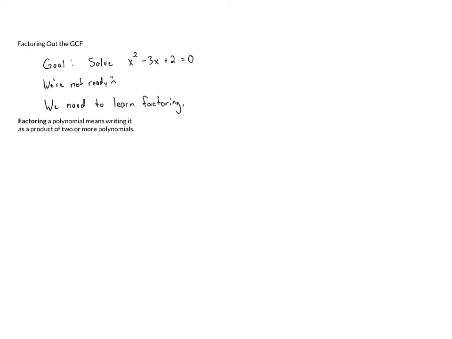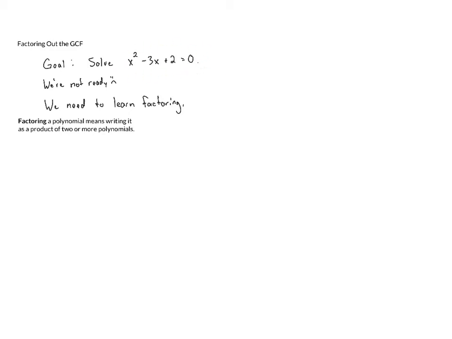Now, we saw that when we were multiplying polynomials, there were several different methods that we used depending on the number of terms in the polynomials. And with factoring, we're going to see something similar. Over the next 5 or 6 lessons, we're going to learn several different methods for factoring, and we're going to get practice, and we're going to look at an overall strategy for factoring, and then eventually we're going to circle back to solving equations with polynomials in them.